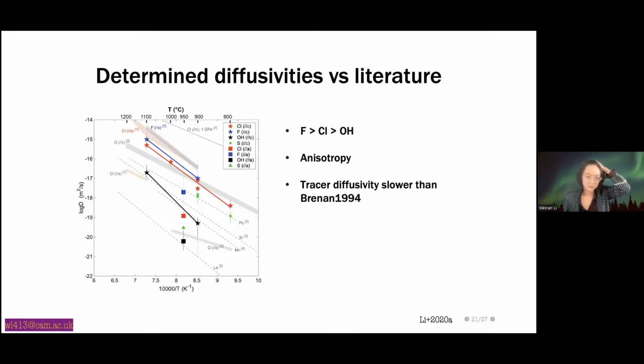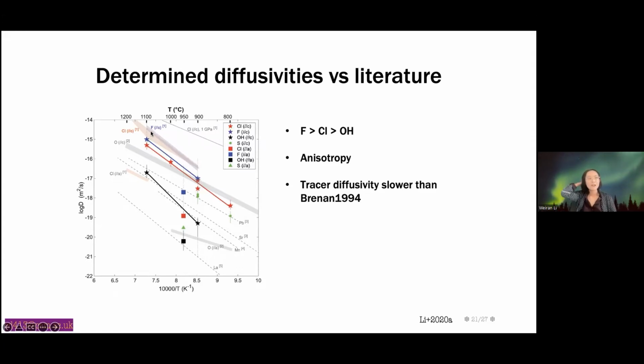But what's important here is that we found much slower tracer diffusivity of both fluorine and chlorine than those reported by Brenan, in this shaded region.